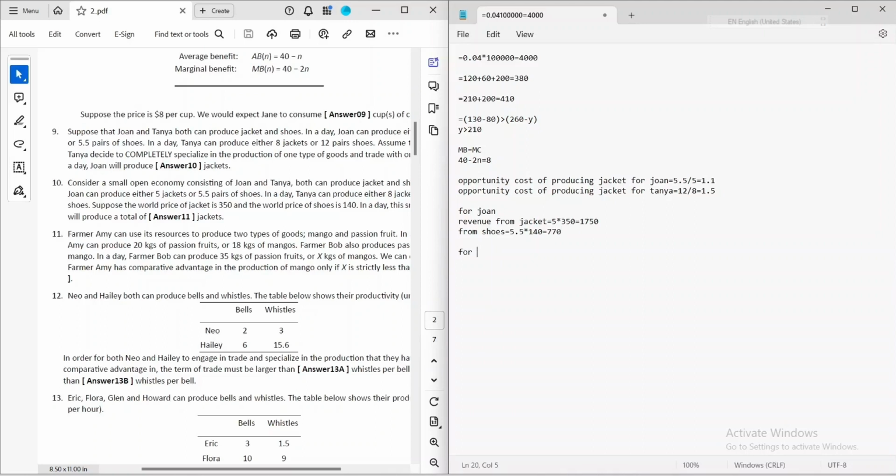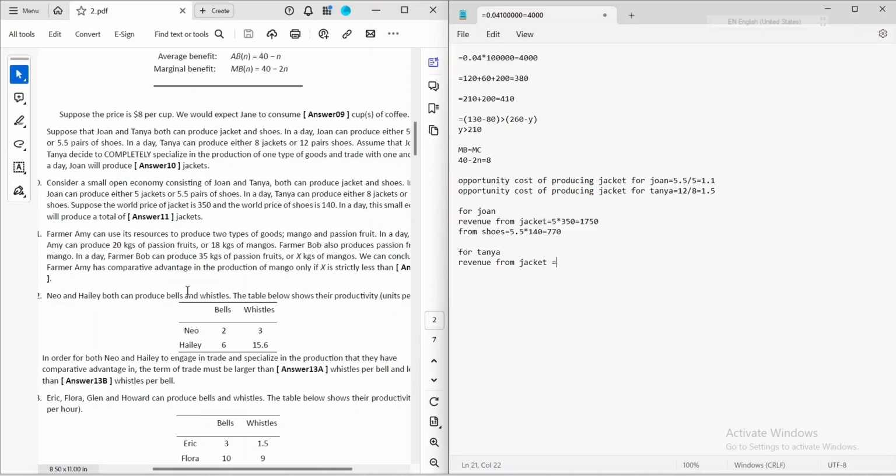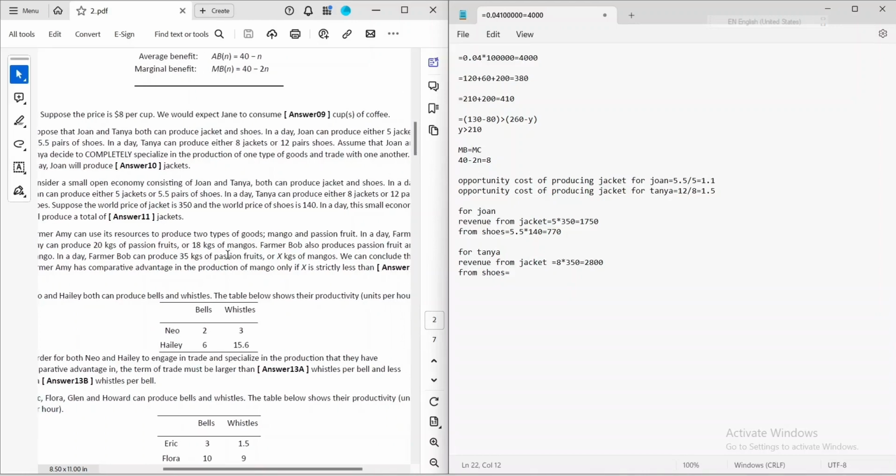Now for Tanya, revenue from jacket, she is producing 8 jackets, so 8 times 350. This is 2800. And from shoes, she is producing 12 pairs of shoes, so 12 times 140, this is equal to 1680.